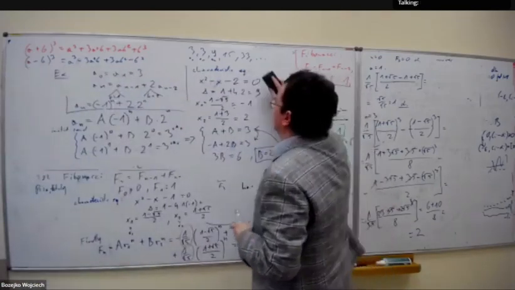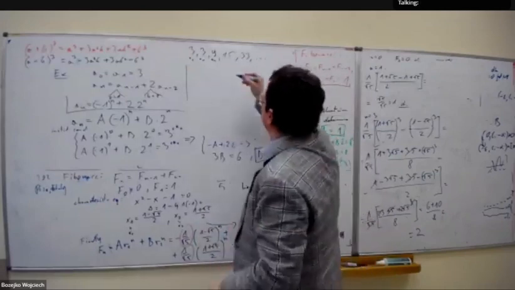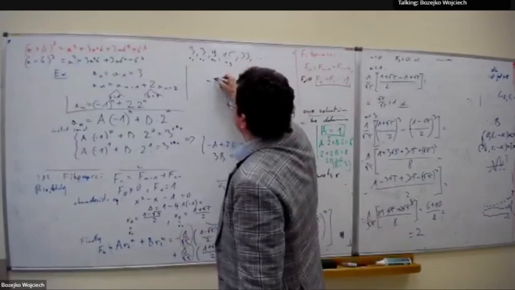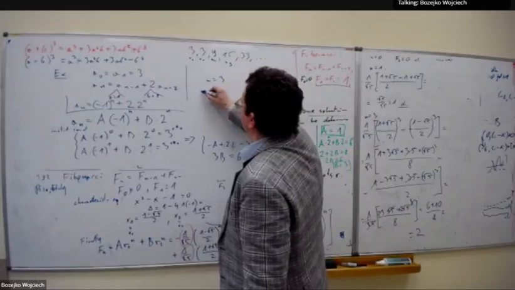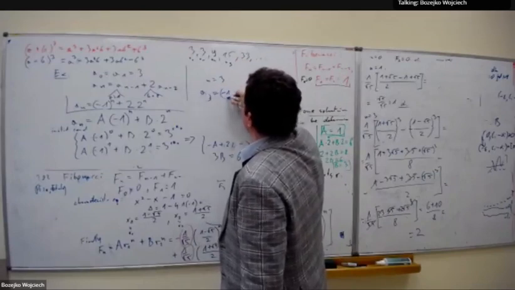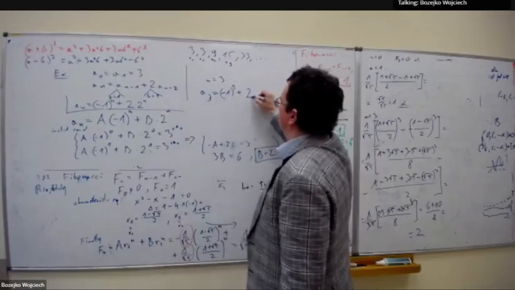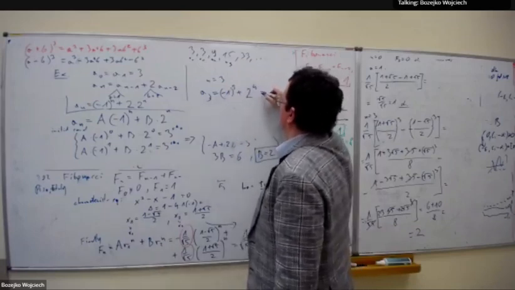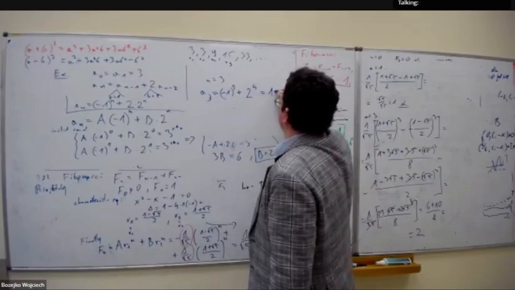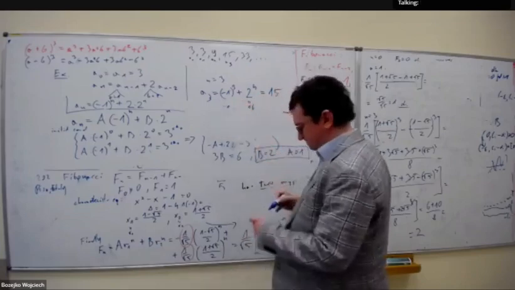Maybe one more, the third one. This is a3. So for n equals 3, we have a3 equals minus 1 to the power of 3, which is minus 1, plus 2 to the power of 4. So finally we have 15, because this is 16 minus 1.